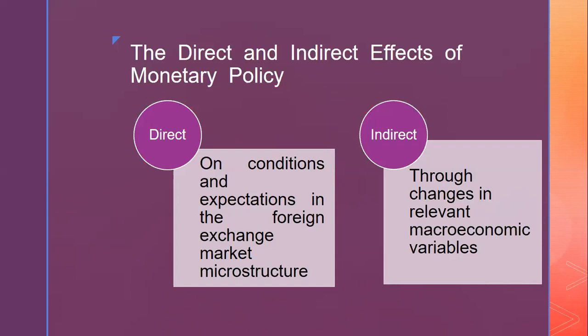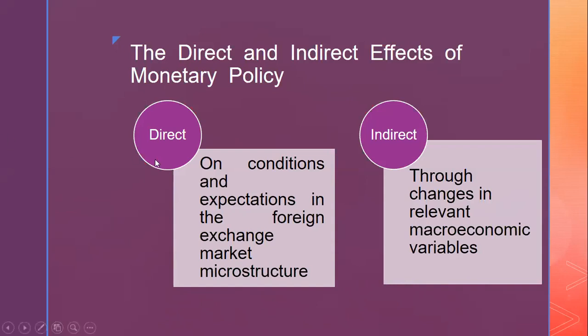So I'm talking about this indirect approach, right? First, the central bank affects the macroeconomic variables, thereby later they affect the exchange rate.